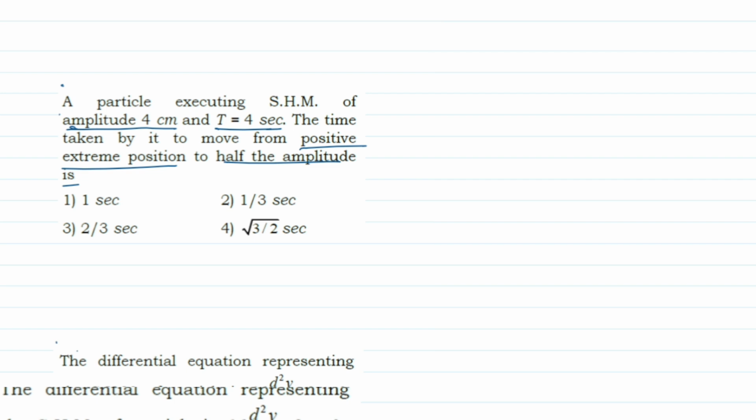So here the particle is executing SHM. This is the mean position and this is an extreme position. Its amplitude is given; amplitude is nothing but the maximum displacement, and its time period is given as 4 seconds.